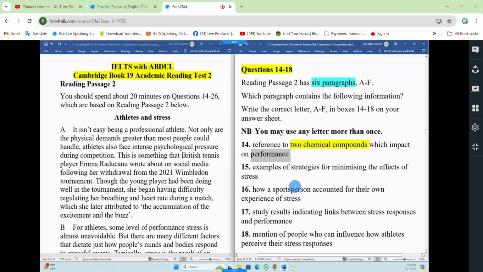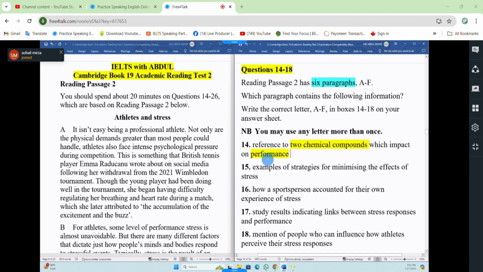So here the writer talks about performance and also reference. First of all, let me help you understand what chemical compounds are. Chemical compounds are compounds related to our human body or human organs, from our human body.